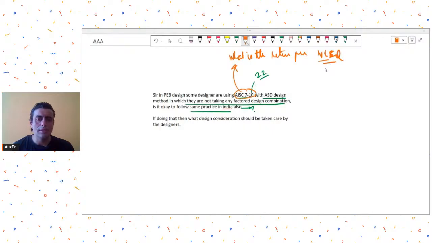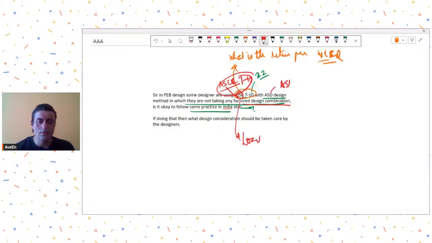And because they started using a higher return period for their lateral loads, they changed the combination factor in the ASCE combinations. First of all, it's not AISC, it is ASCE, ASCE 710.